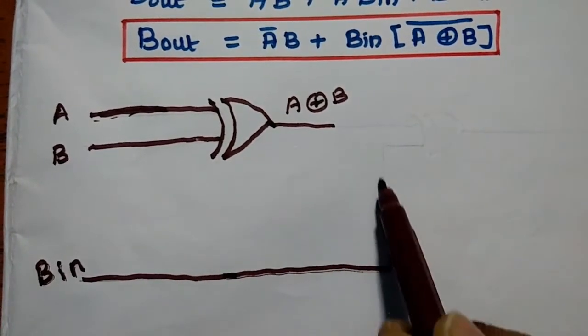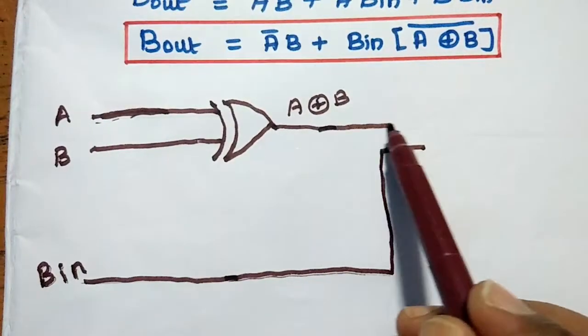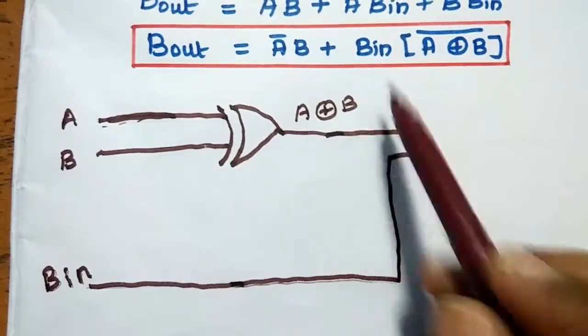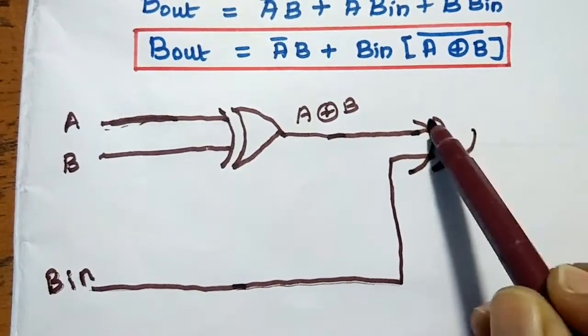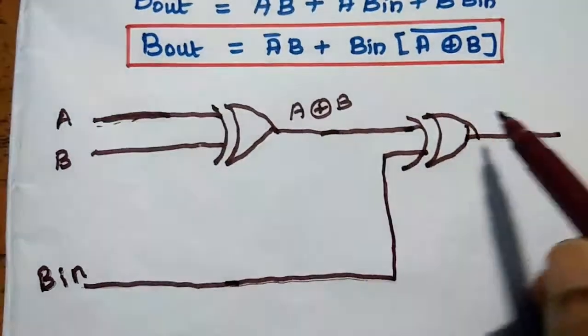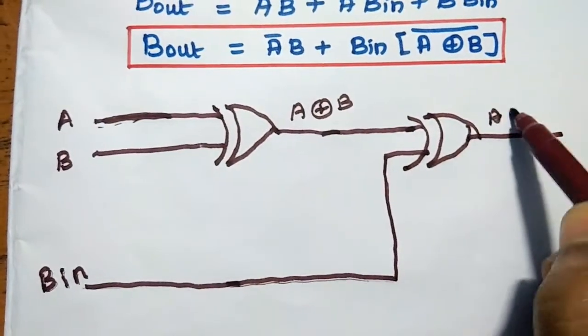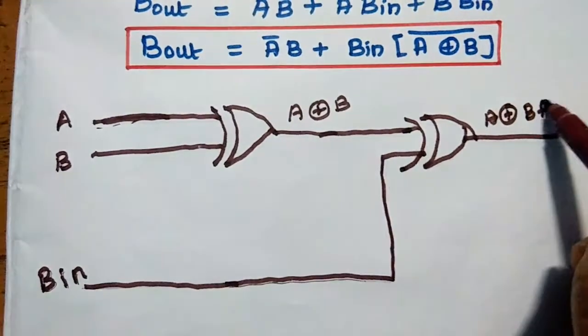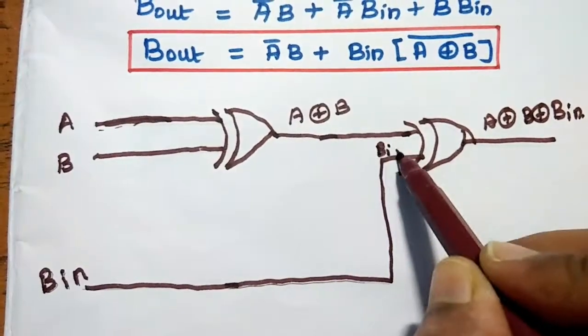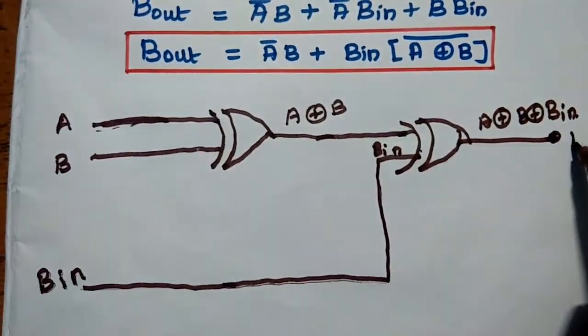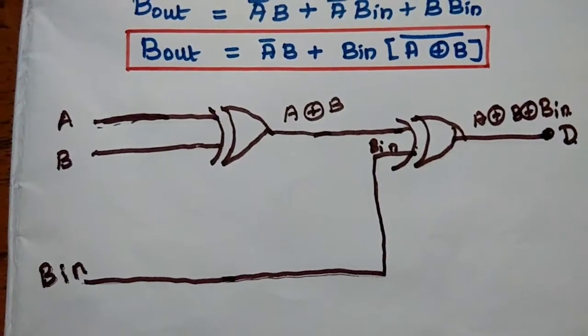We have to take this value along with the output of the first XOR gate. So now we can obtain the difference as A XOR B XOR B in. Correct? So here it is B in. So this is the difference value.